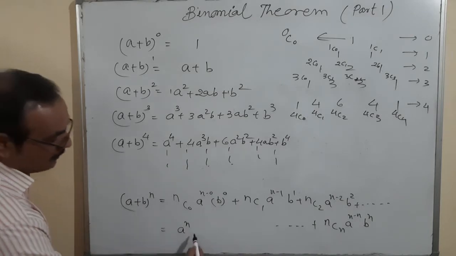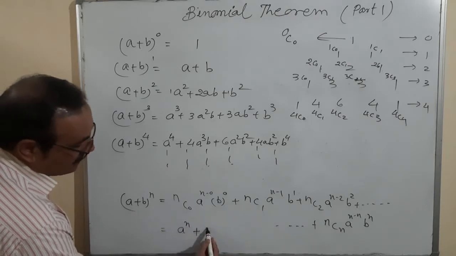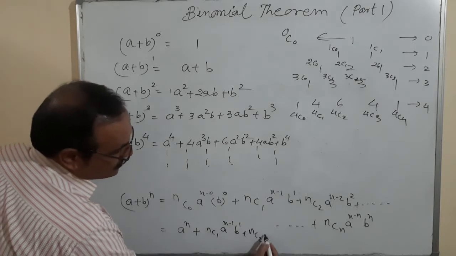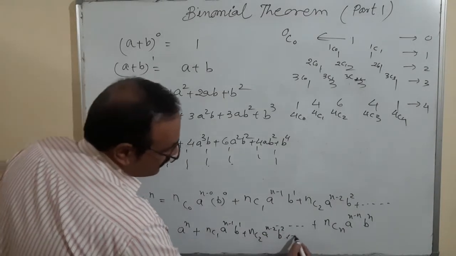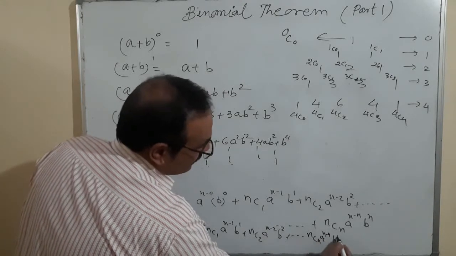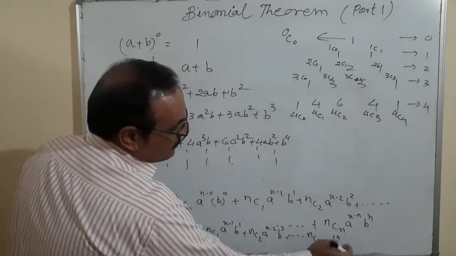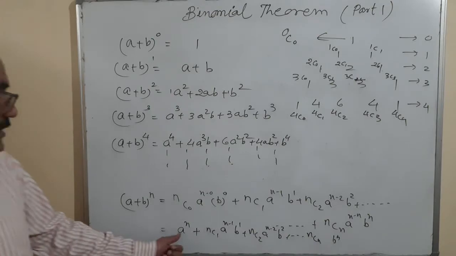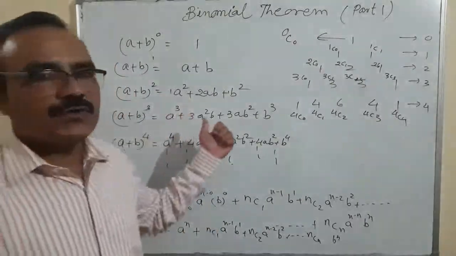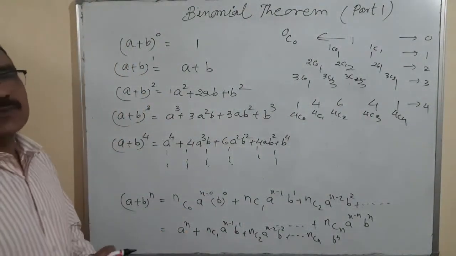So a to the power n, plus nC1 a to the power n minus 1, b to the power 1, nC2 a to the power n minus 2, b to the power 2, and nCn a to the power n minus n, that means 0, and b to the power n. So for the last term we don't write nCn, its value is 1, b to the power n directly. So the first term is a to the power n, the last term is b to the power n. But there's no problem, we can start from nC0 and write everything. Okay, so that is the binomial expansion of (a + b)^n.